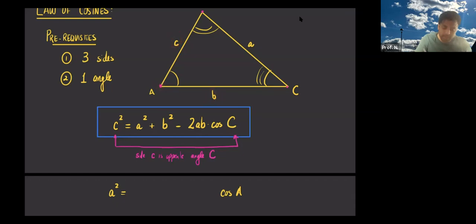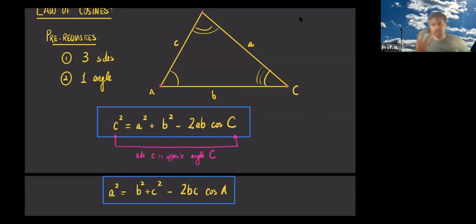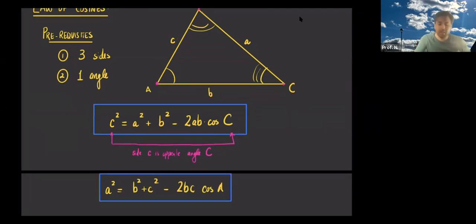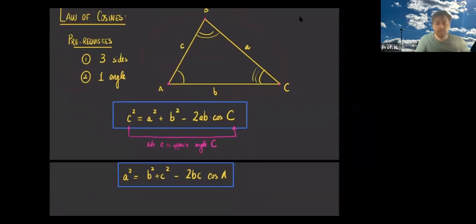So I'm going to write this now as b squared plus c squared minus 2bc cosine A. So all I'm showing you is that the law of cosines has not changed. It just looks different based upon how I set up my side and my angle here.